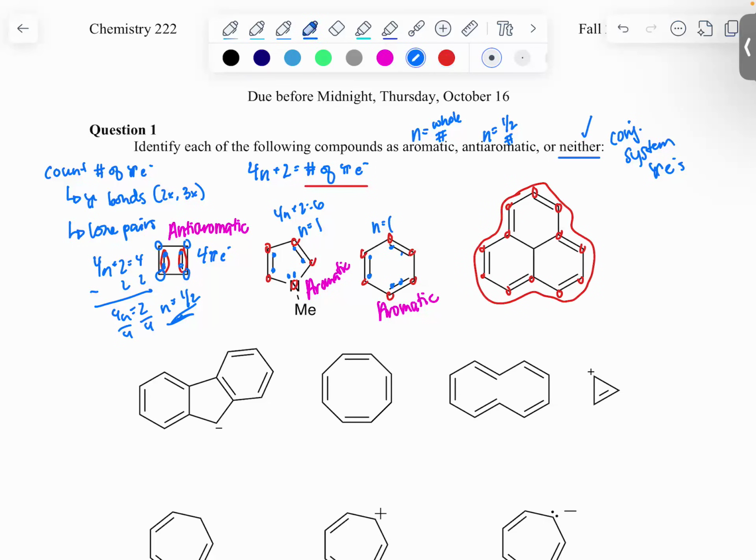So now we can count our electrons, and we have 2, 4, 6, 8, 10. We have 12. When we plug that into our equation, we get 4n equals 10. And we get a half number. So this one is anti-aromatic.